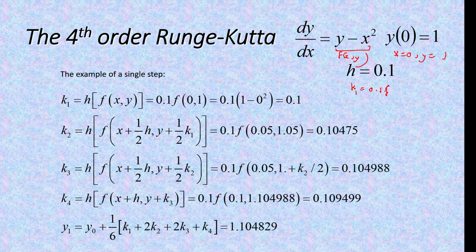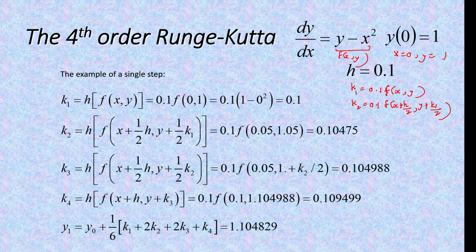K1 is f(x,y), where initially x is 0, y is 1. Later on, for K2, x becomes x plus h over 2 and y becomes y plus K1 over 2.